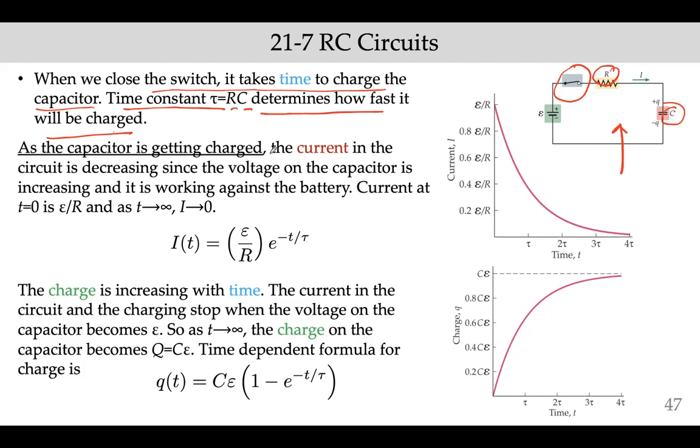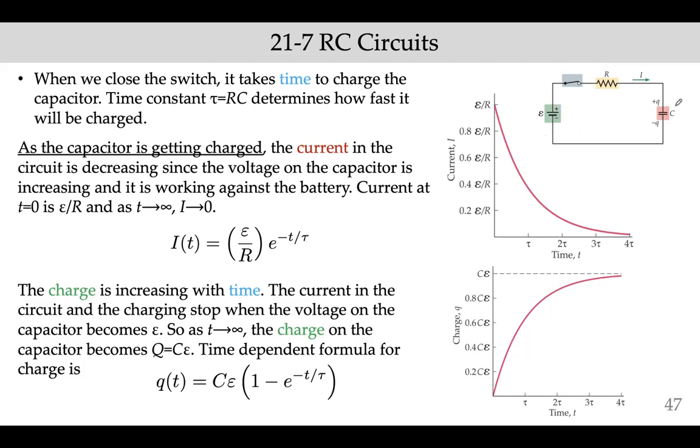As the capacitor is getting charged, let's think about charging now. The current in the circuit is decreasing since the voltage on the capacitor is increasing and it's working against the battery. Now, if you look at the polarity of the capacitor, the side of the capacitor that's connected to the positive terminal of the battery will be positive, and the other side will be negative.